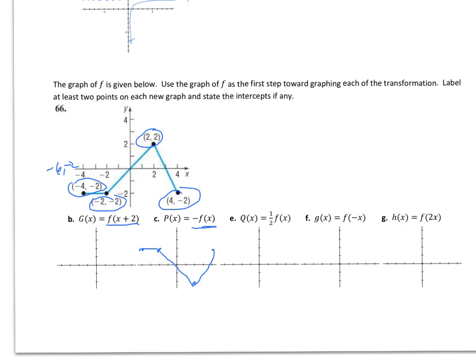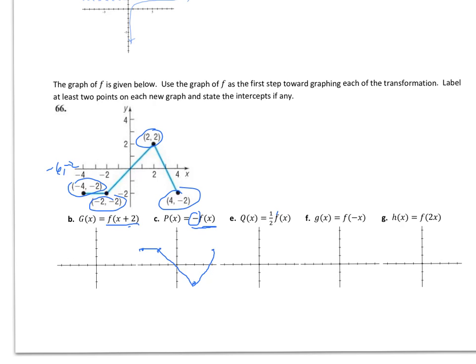So truly, we just flipped it over the x-axis. So a negative sign changes the sign of your y's. Jot that down. If it's added on to the inside, you add or subtract from the x. If there's a negative on the outside, we flip it over the x-axis, it changes the sign of your y's.